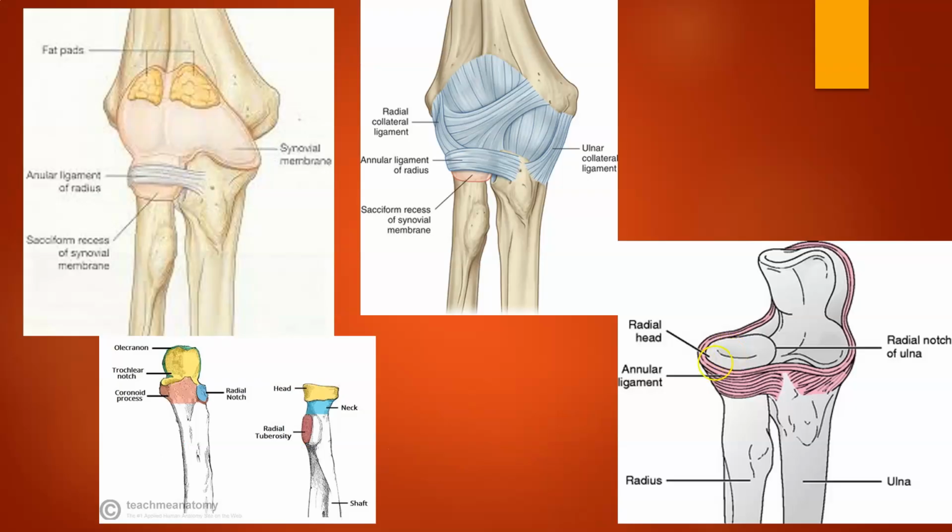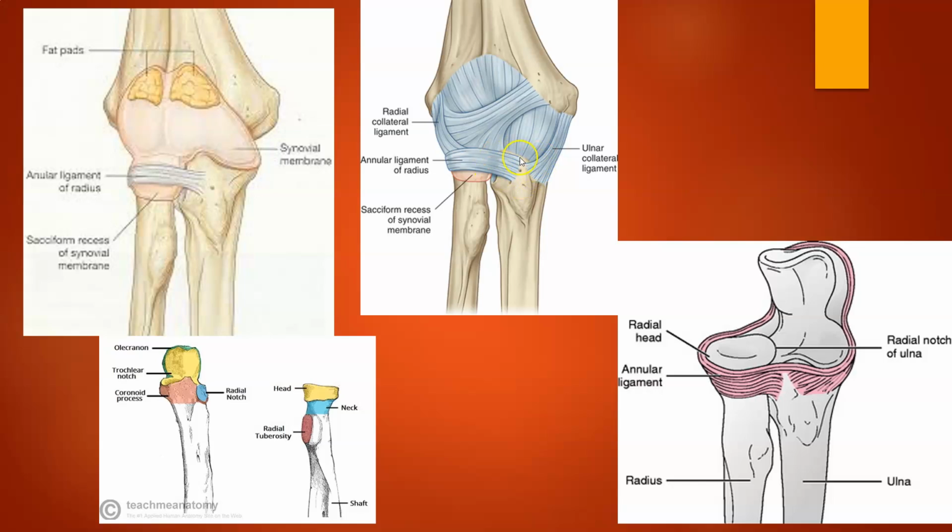So we can see here in the diagram, here we've got the synovial membrane here. We have the annular ligament holding the head in, and then we have this part of the synovial membrane that slides out from under the annular ligament. You can see it much better here, and this is known as the sacciform recess. And there are other sacciform recesses in the body, which we'll get to.